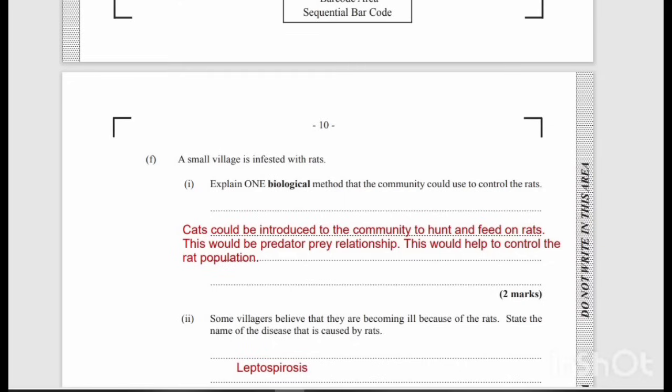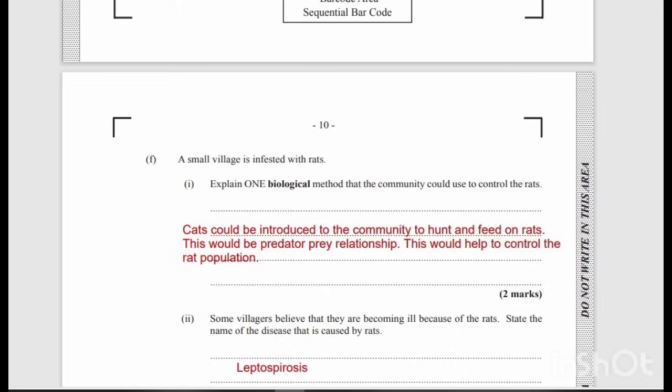The next part of the question says a small village is infested with rats. Explain one biological method that the community could use to control the rats. Now guys, biological methods are where we use other living organisms to control the population of another living organism.